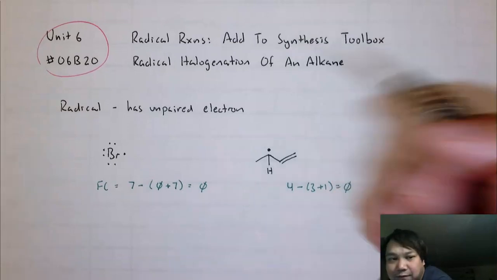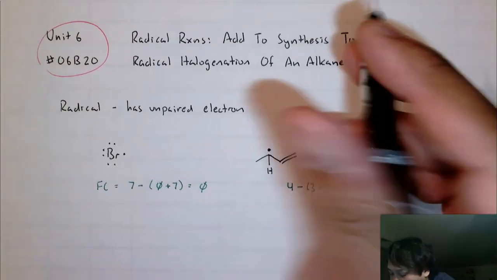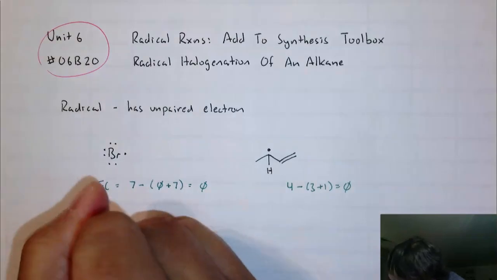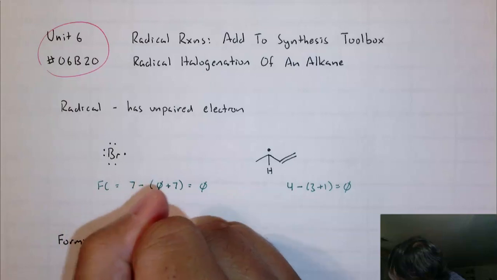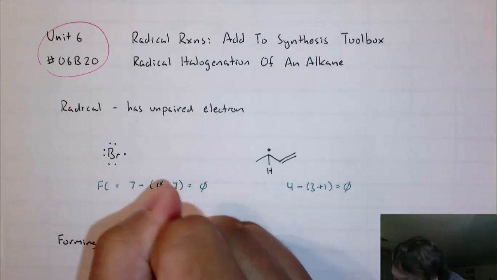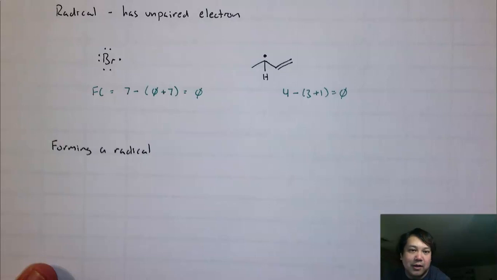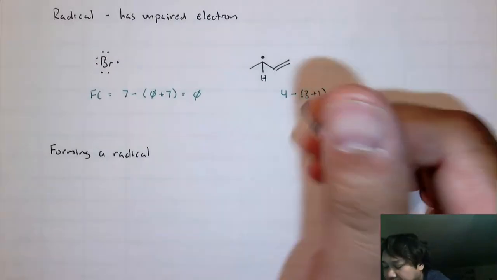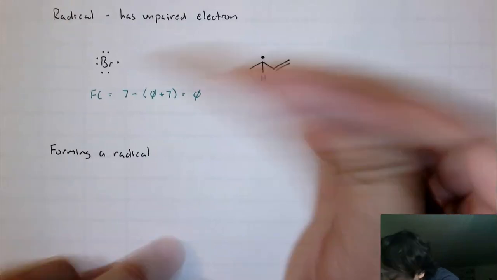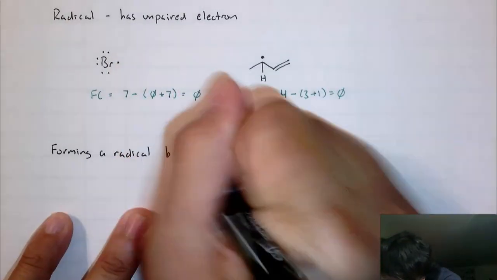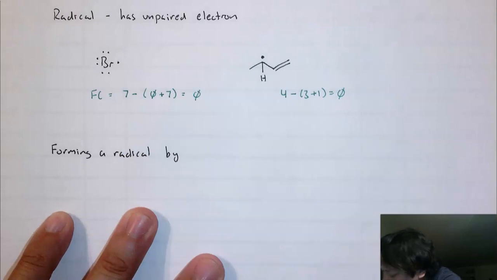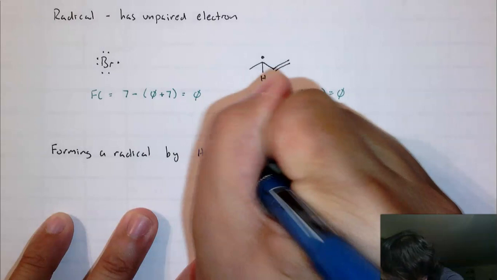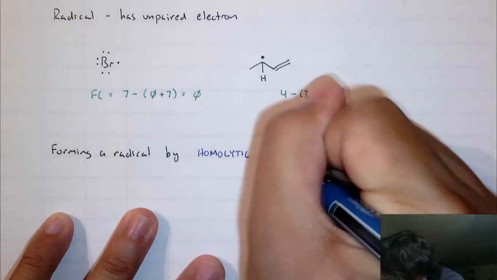Now, how do we form a radical? Forming a radical is fairly straightforward. We're going to impinge the molecule with some energy, and we're going to get what's called a homolytic bond cleavage.